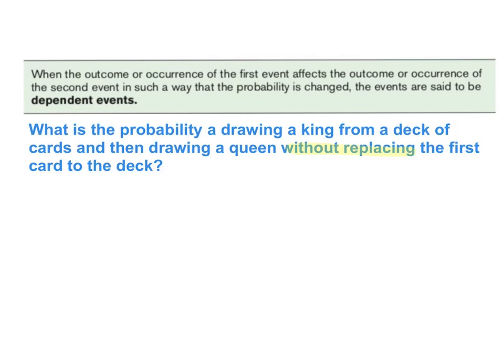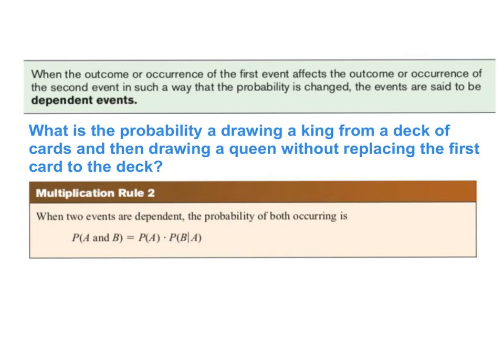In other words, it's not going to be 52 cards every time. The second event, we've taken a card out of the deck. So that will impact how many cards are left to choose from, which is why this is a dependent event instead of independent.